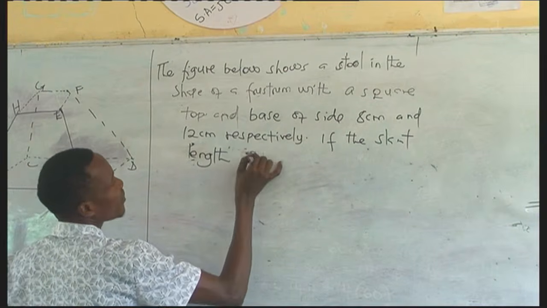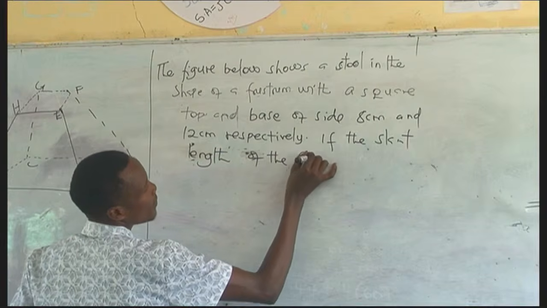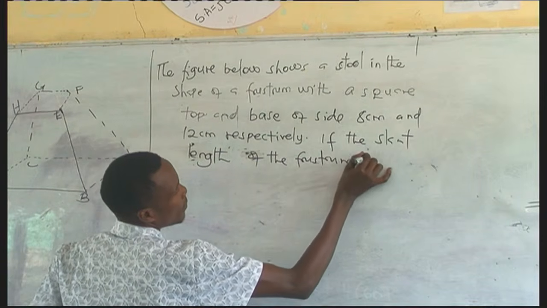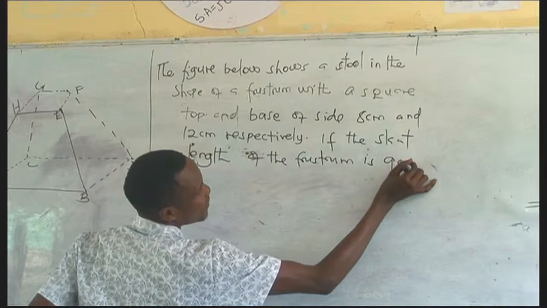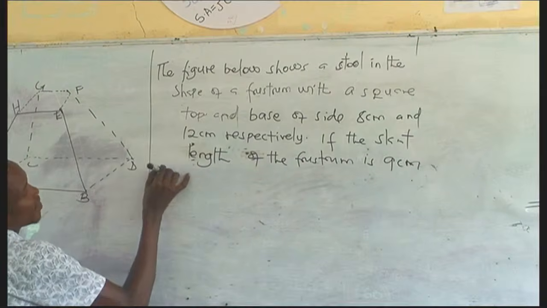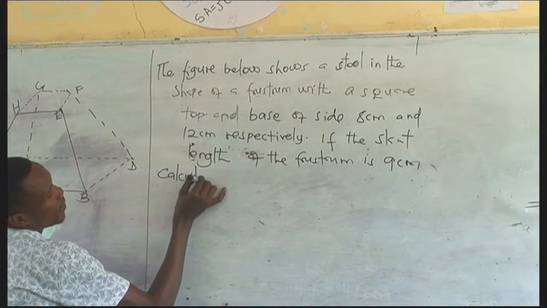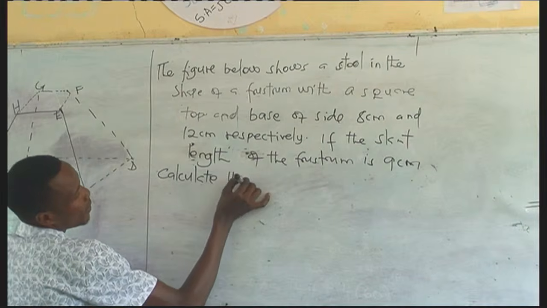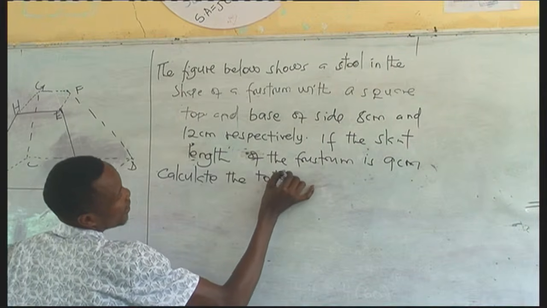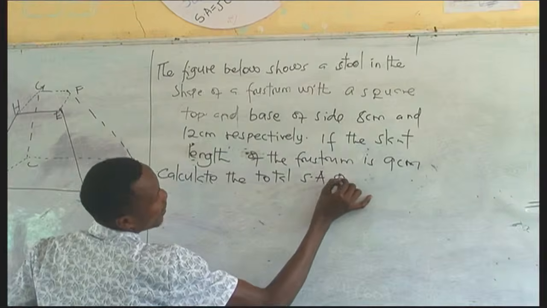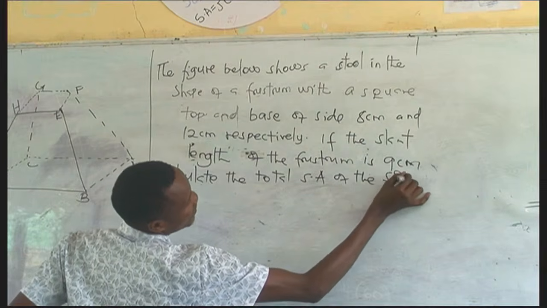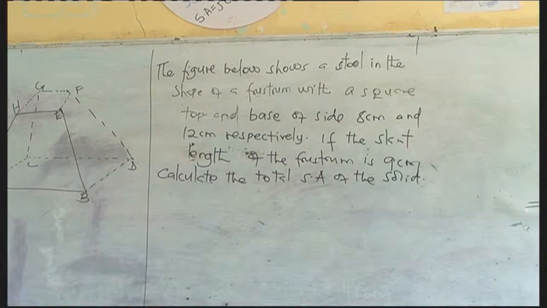The slant length of the frustrum is 9 centimeters. Calculate the total surface area of the solid. That is the question.